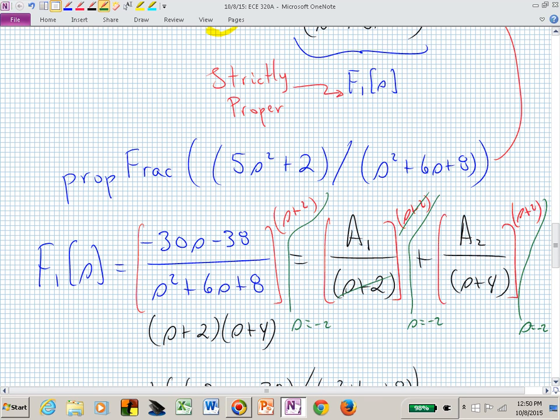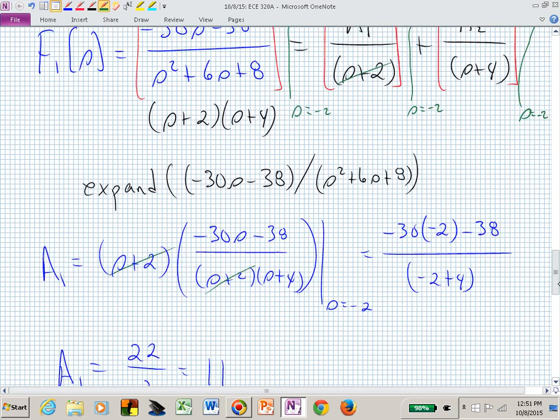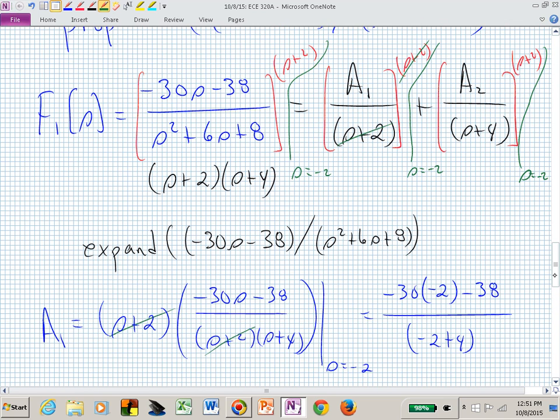And then the blue, red, and green on the left is exactly how we were equating the formula for a sub 1 to begin with. We said take the expression for, in this case, capital F sub 1 of s, multiply it by the factor s plus 2.